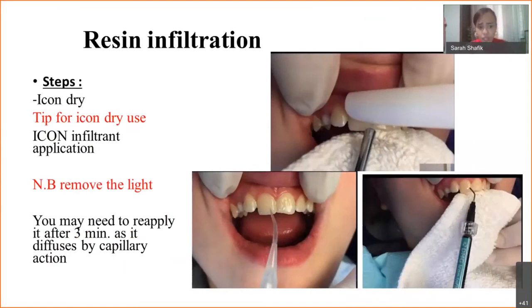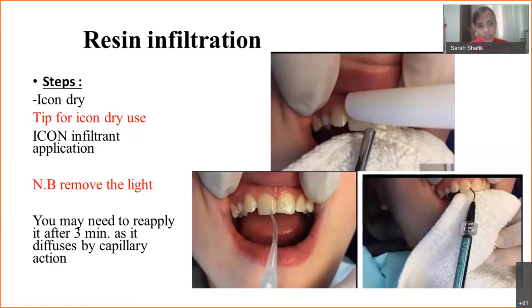The second step, you're going to use the Icon Dry. There is a tube provided by the manufacturer called the Icon Dry. What is the Icon Dry? It's ethanol, a 99% alcohol. So what is the function of ethanol here? Alcohol is lighter than water. Water is heavier than ethanol.